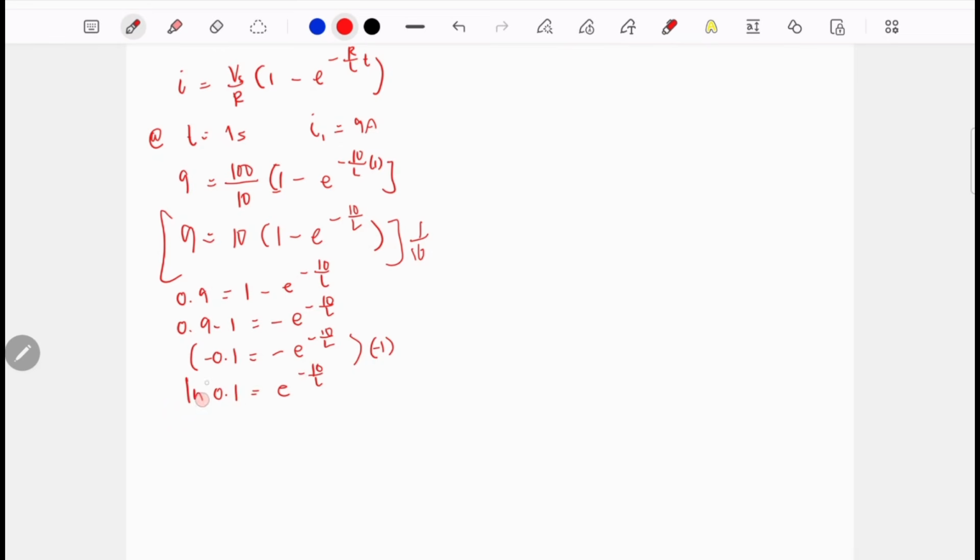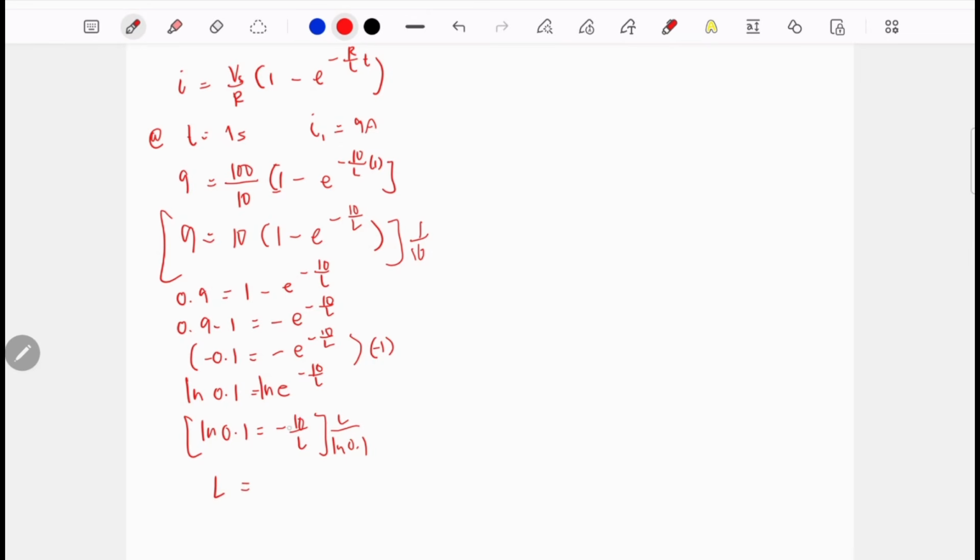Then, ln both sides, ln 0.1 equals negative 10 over L. Then we multiply by L, so that L here will be eliminated. And we also want to eliminate ln 0.1 from the left side, so divide both sides by ln 0.1. If we multiply L over ln 0.1 to ln 0.1, ln 0.1 will be eliminated, so only L is left.